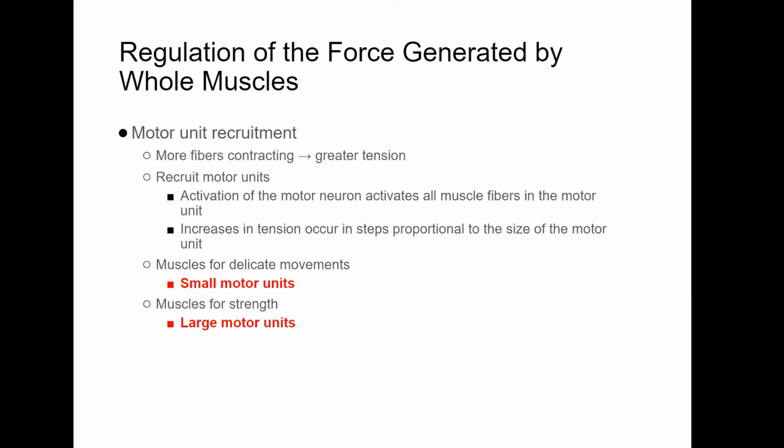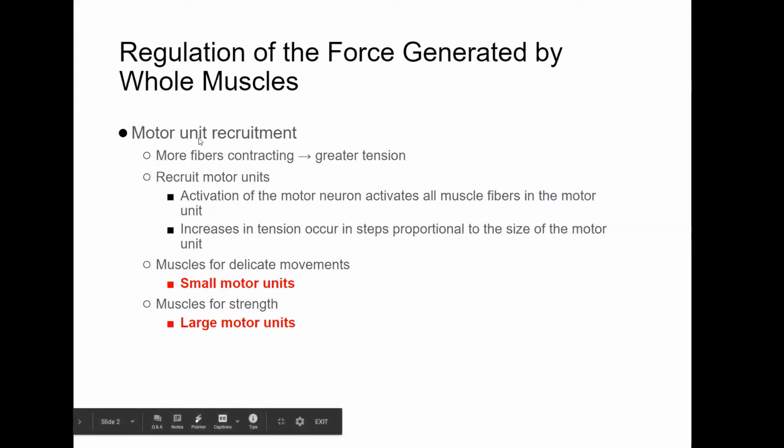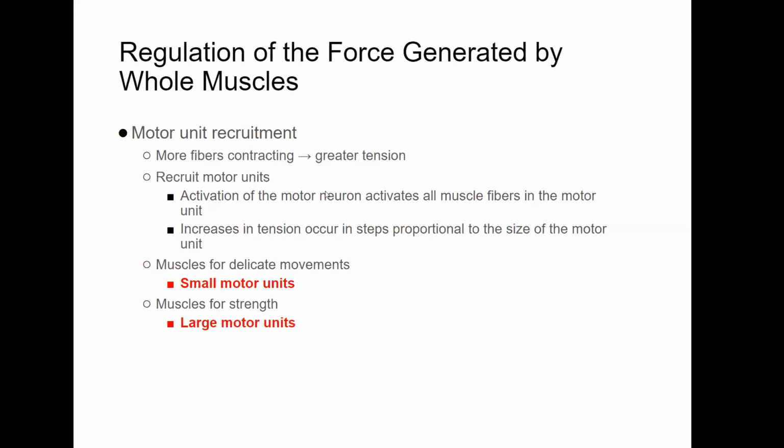Yeah. So more motor fibers contracting, greater tension, greater muscle force. And we're going to recruit motor units in a specific order. So we're recruiting those muscle fibers attached to a specific motor neuron in an order. We're going to be using small motor units for delicate, careful movements, and we're going to be using large motor units for strength, because large motor units will have more fibers, stronger.